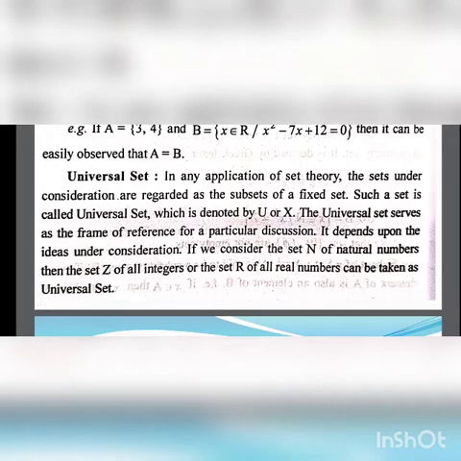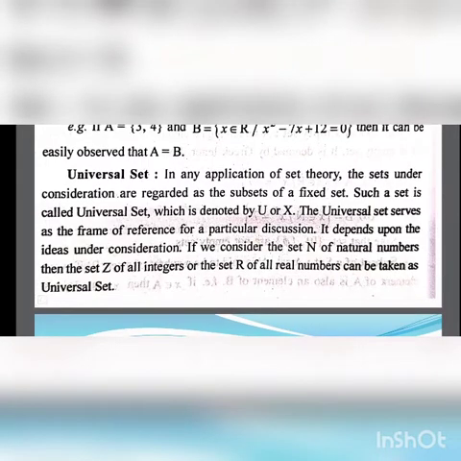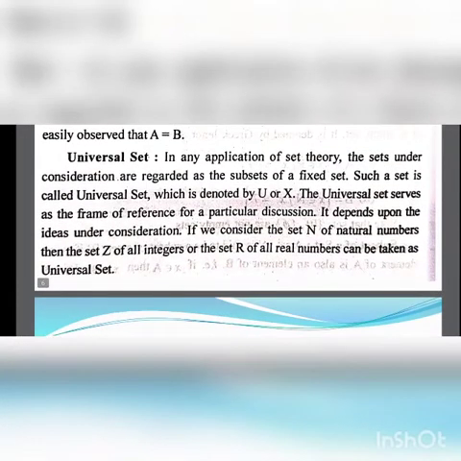Okay. Next is universal set. In any application of set theory, the sets under consideration are regarded as subsets of a fixed set. Such a set is called the universal set, which is denoted by capital U or capital X. The universal set serves as the frame of reference for a particular discussion. It depends upon the ideas under consideration. If we consider the set N of natural numbers, then the set Z of all integers or the set R of all real numbers can be taken as the universal set.